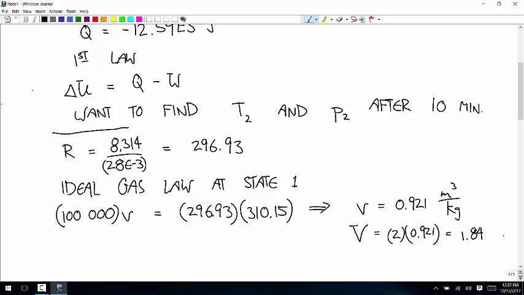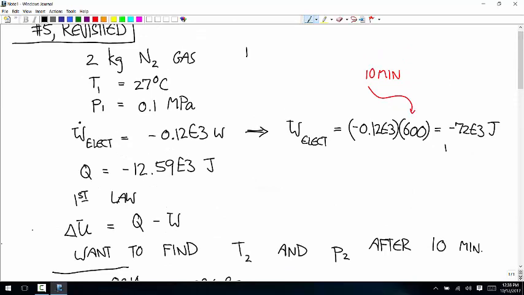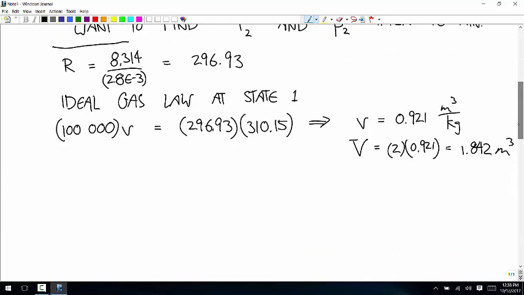So the total volume is 1.842 meters cubed. Okay, and that's going to be important because this is a rigid tank. So whatever that volume is at the start is the volume through the whole problem.